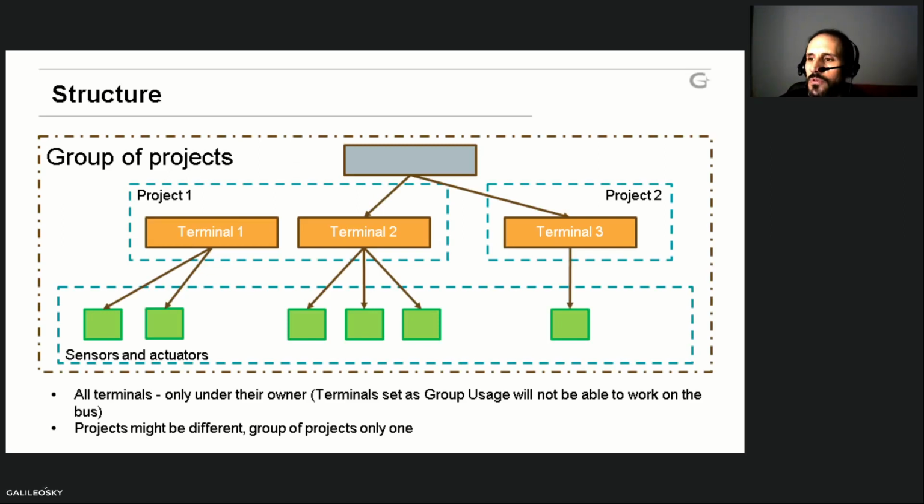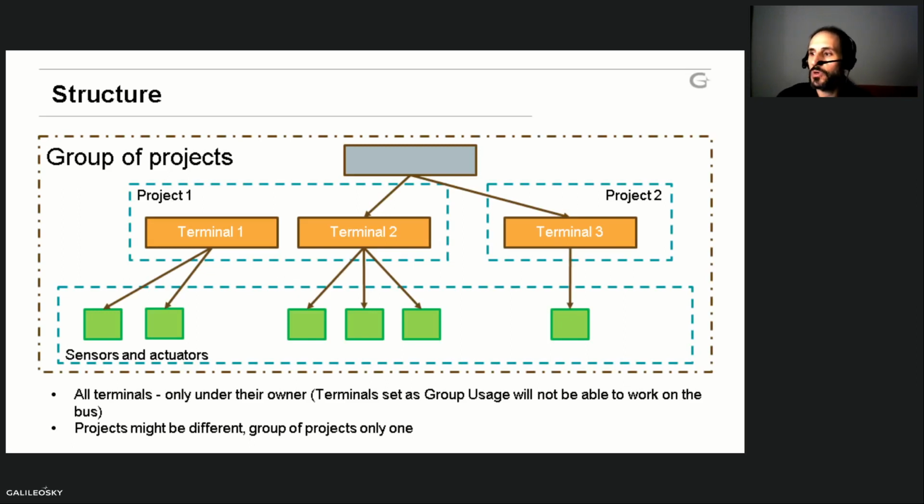And then we have projects in which we can put different devices. For example, in project 1, terminal 1 and terminal 2 are different installations to measure the variables of the soil in the field. So we will have different sensors connected to these terminals. That's one project, just an example.